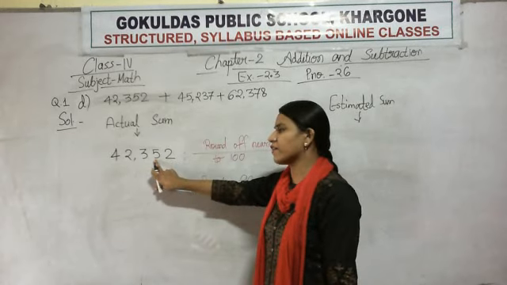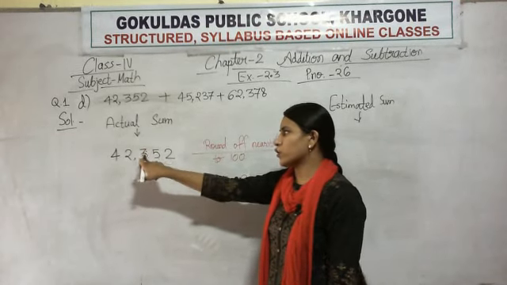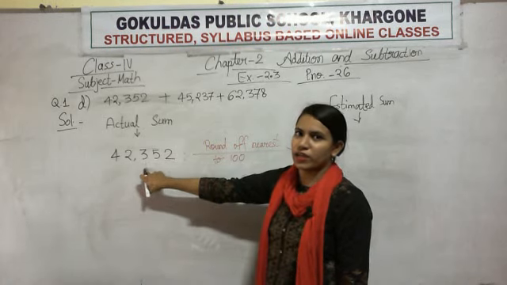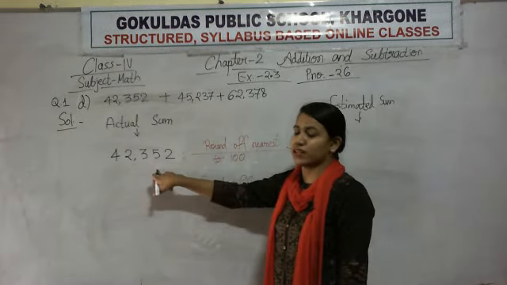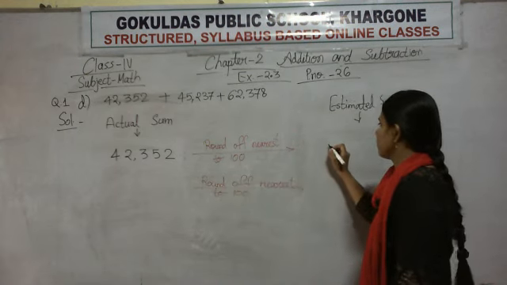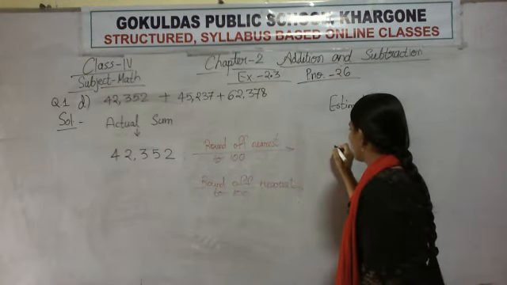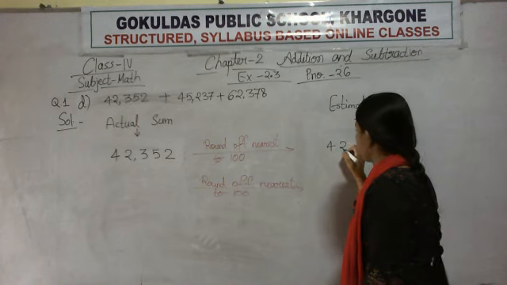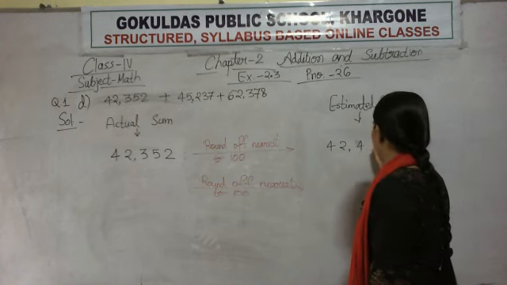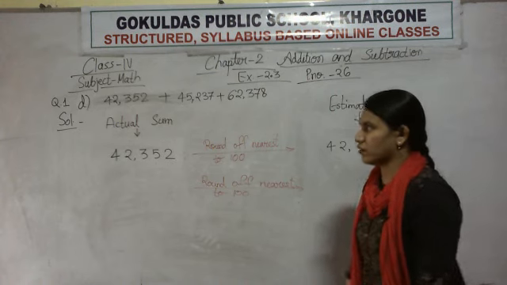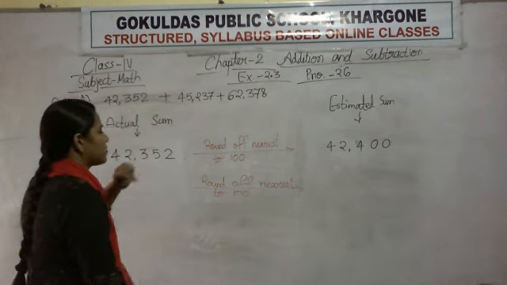Tens digit is 5. So according to the rule, you will add 1 to the hundreds place and make the tens and ones places 0. After rounding off, you will get 42,400.